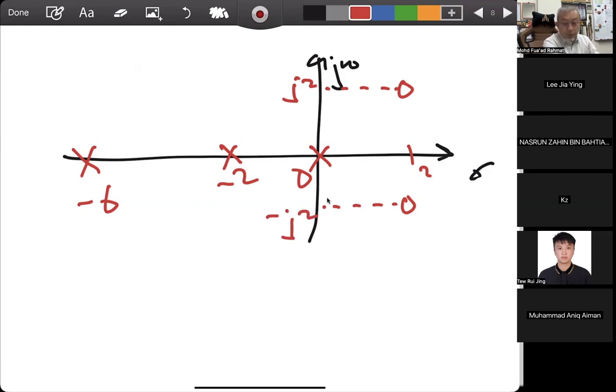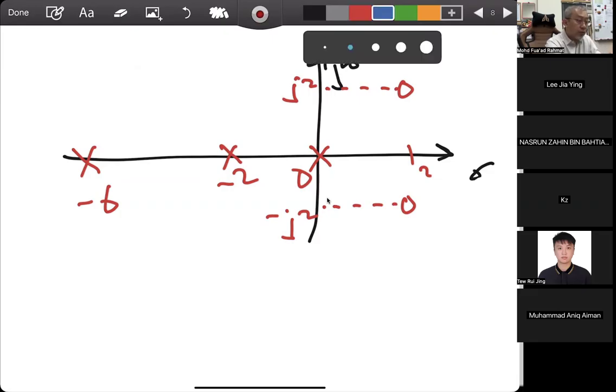So we have to measure the angle towards the zeros here, guys. Okay.